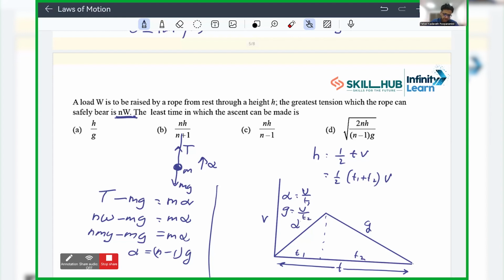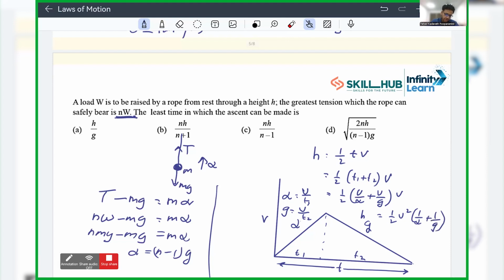Then t1 and t2 can be replaced with v by alpha and v by g. This equation becomes h equal to half v square times 1 over alpha plus 1 over g.